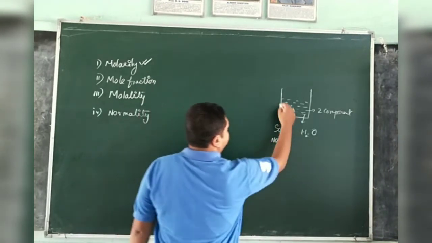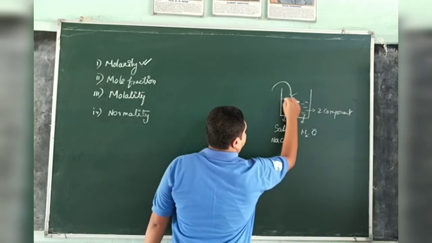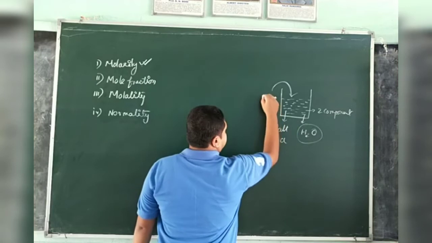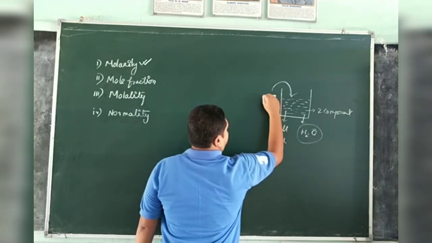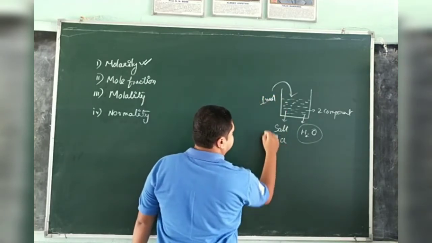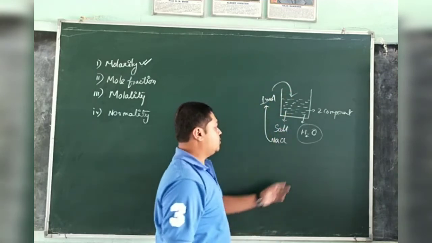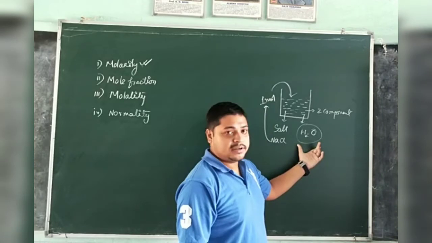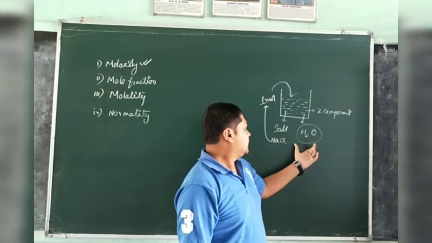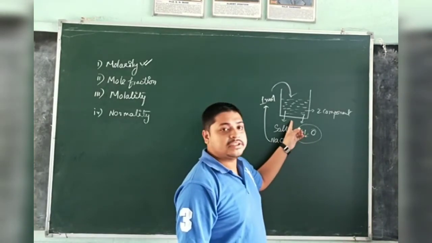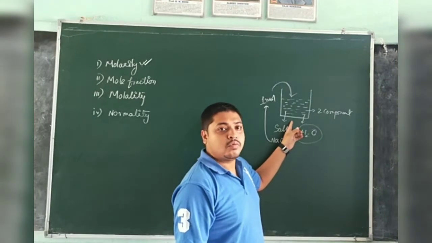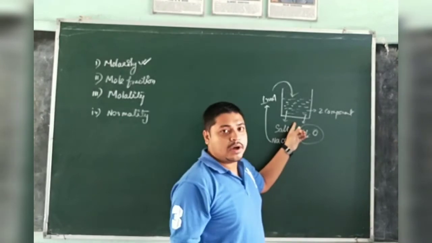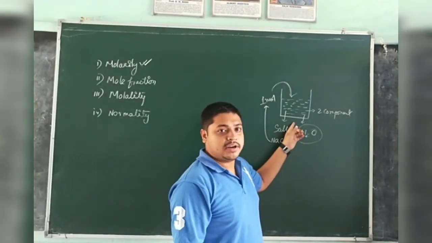When 1 mole of solute, that means 1 mole of NaCl, is dissolved in 1 liter of the solution, that means 1 liter of water, then the concentration of this solution is called 1 molar solution or molarity of the solution.